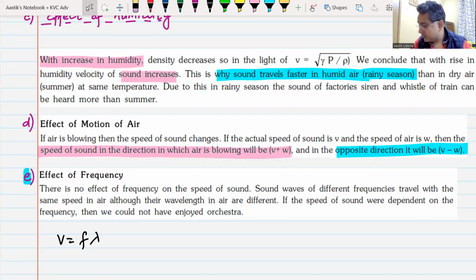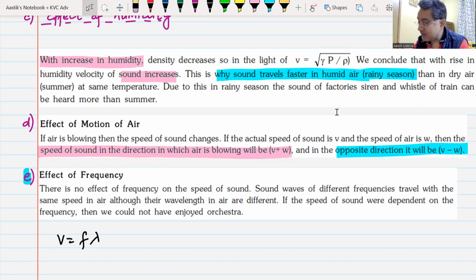Okay, now you have seen the effect of motion. Now, sometimes the sound may not be in the same direction as the wind, or the wind may be blowing at an angle. If that happens, then what do you do?